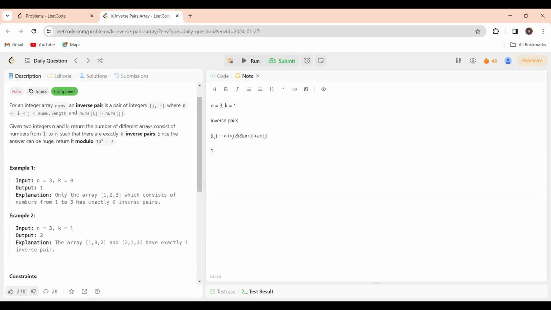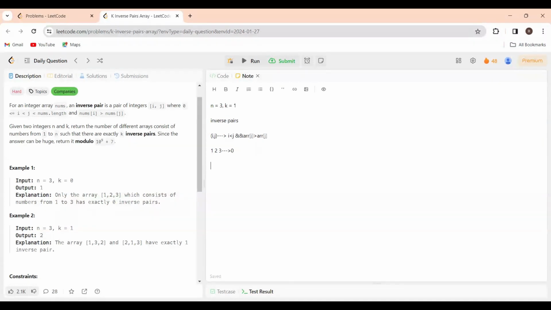At most zero, right? By keeping one as a starting element, I can make at most zero inverse pairs, because it cannot make any pair with these elements.